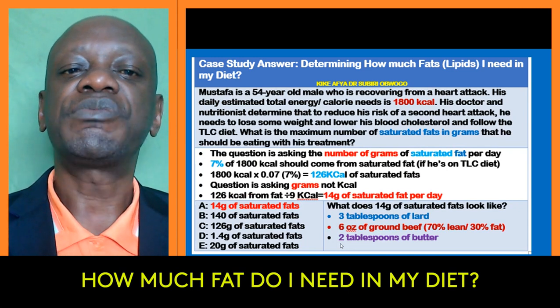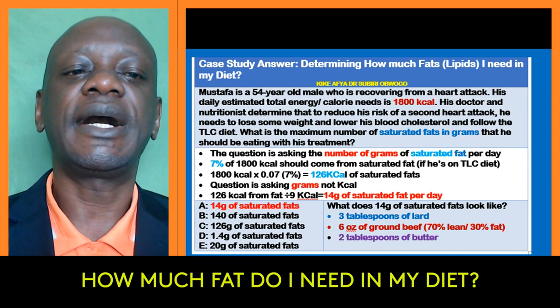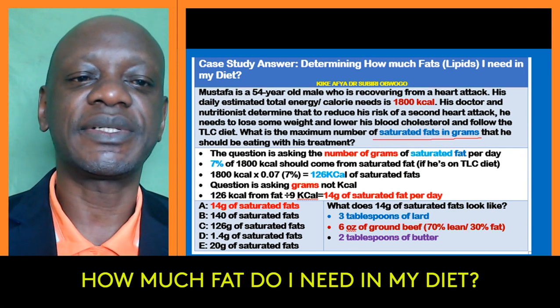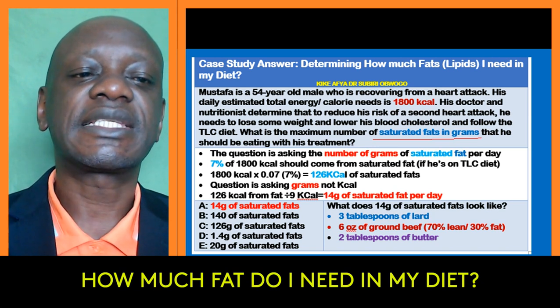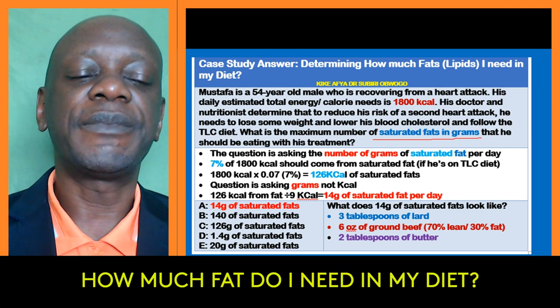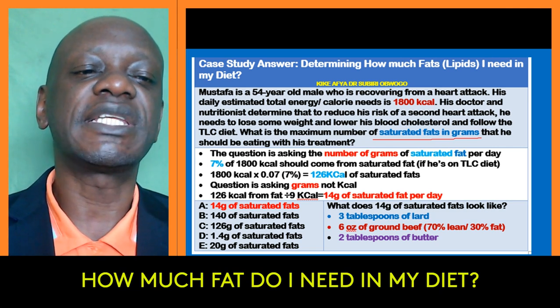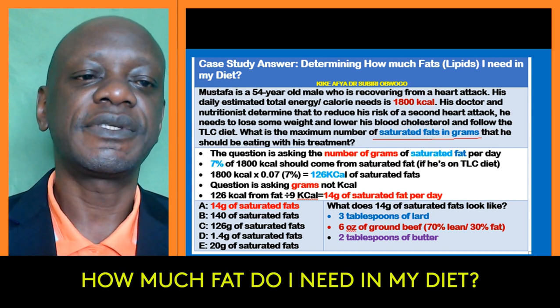So back to our quiz. The question is asking us the maximum number of saturated fats in grams that Mustafa needs to be eating if he's on an 1800 kilocalorie diet. The American Heart Association recommends that we should not consume more than 7% of our daily calories from saturated fats.